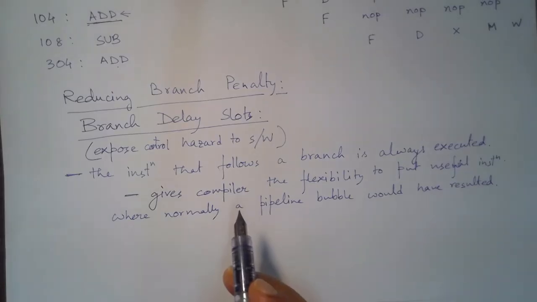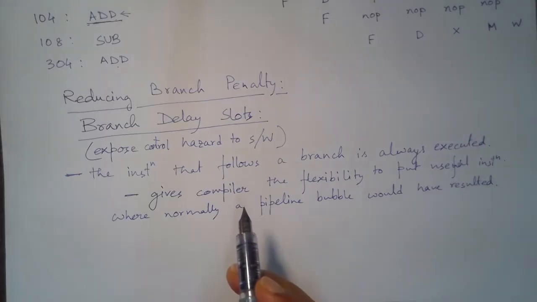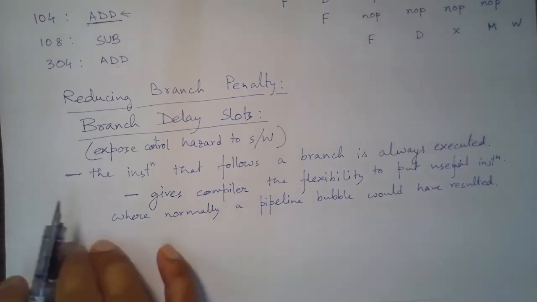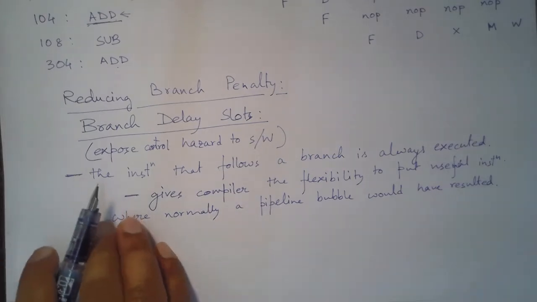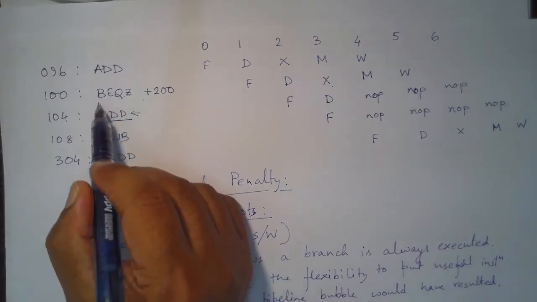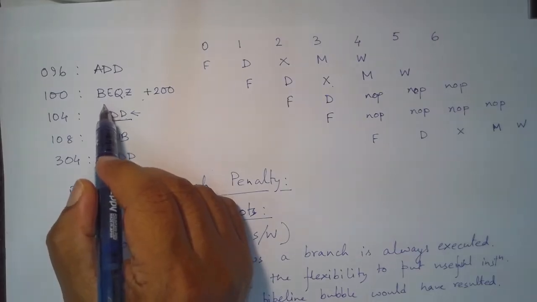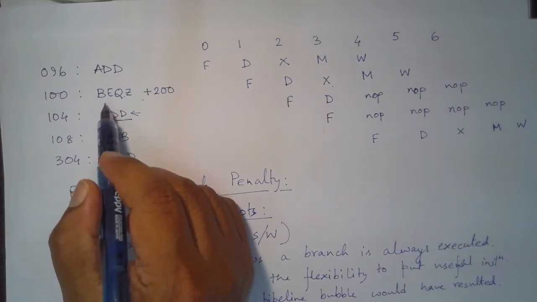The other thing which we will not have time to discuss, related to this branch control hazard, is how modern processors handle this branch penalty. All the modern processors have a very sophisticated branch prediction unit. The branches are predicted with 99.99% accuracy.